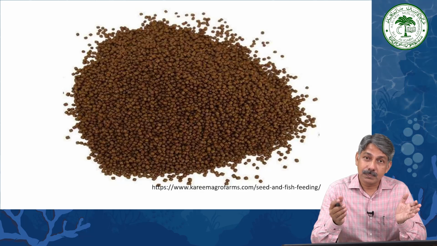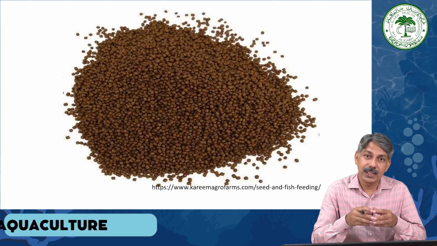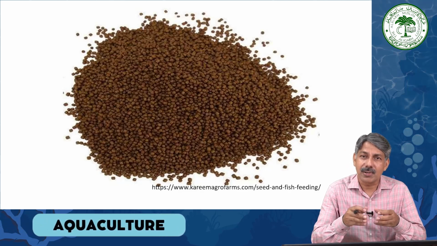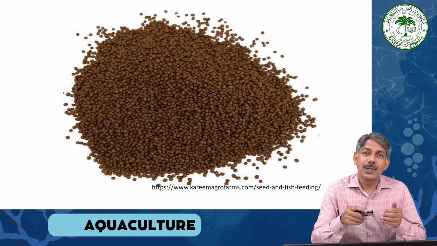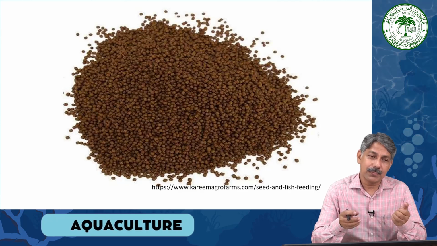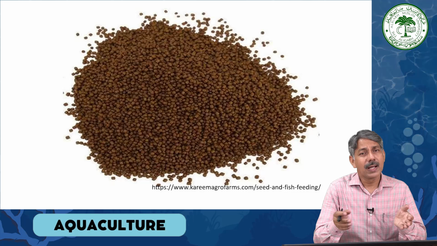Get the locally available feed ingredients. Usually we select from the agricultural byproducts, or whatever ingredient you are using. Try to make your own food, farm food. If you have to spray in powder form, then there is no problem, get it in powdered form and then spray.